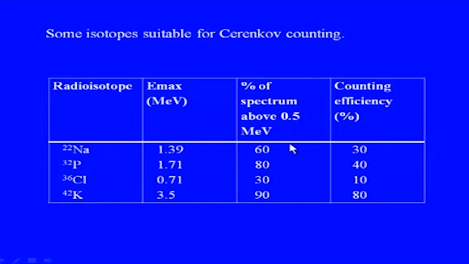The percent of spectrum above 0.5 million electron volt is 60% for Na, 80% for 32P, 30% for 35Cl and 90% for 42K, and they have counting efficiencies of 30, 40, 10 and 80% respectively. So, these isotopes could be used for liquid scintillation counting or Cherenkov counting in liquid scintillation counters.